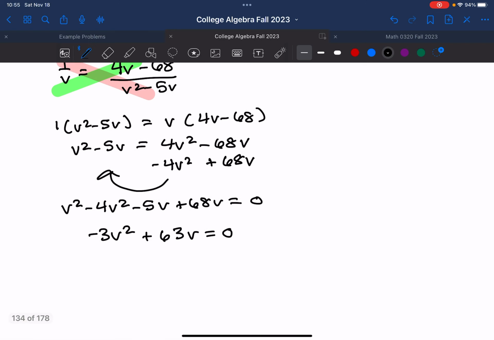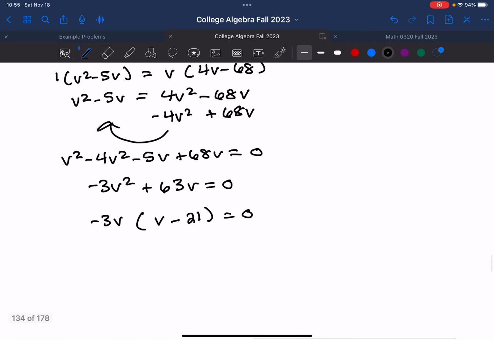Now I'm taking out a GCF, and it looks like I can take out a negative 3v, and I would be left with, let's see, v minus 21 equals 0. Then I'm going to set each one separately equal to 0. So negative 3v equals 0 means I have v equals 0. v minus 21 equals 0 means I have v is equal to 21.